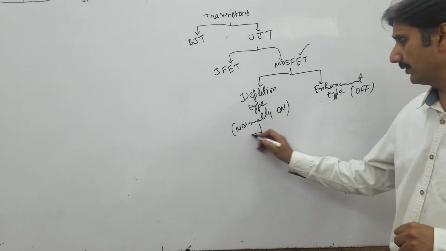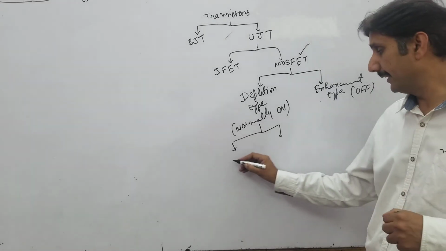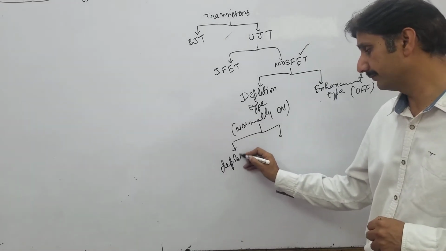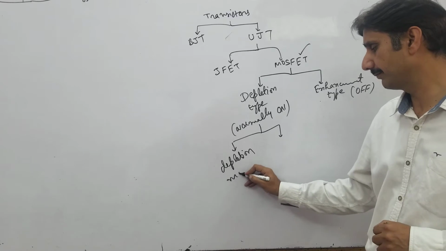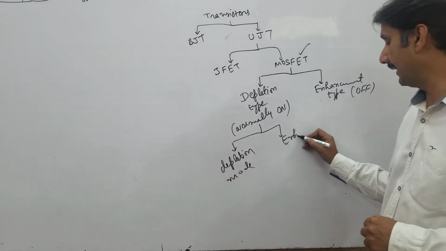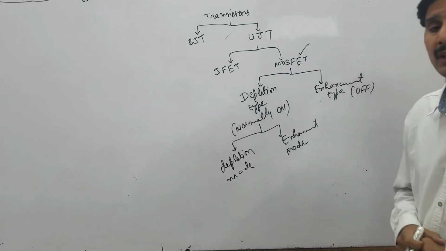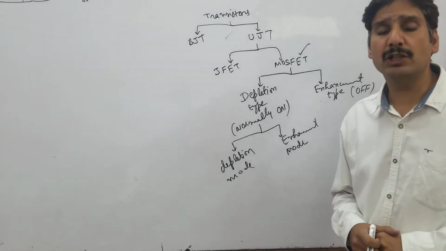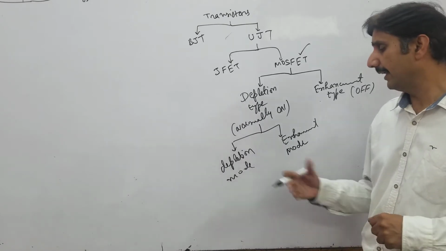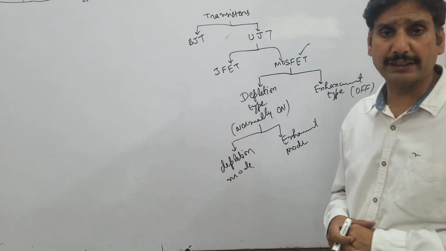Further, they have two modes of operation. It can be operated in depletion mode, and it can also be operated in enhancement mode. Mostly when we use a MOSFET as an amplifier, a depletion type MOSFET is used.